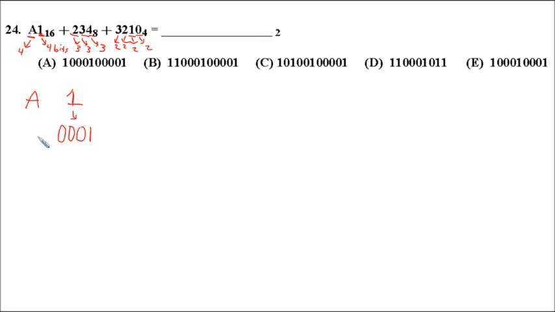So in binary, 10 is a quantity of 8 plus a quantity of 2. So again, if we do our place value, we have the 1's place, 2's place, the 4's place, the 8's place. We would have 1, 0, 1, 0. So this right here is A1 converted to binary.